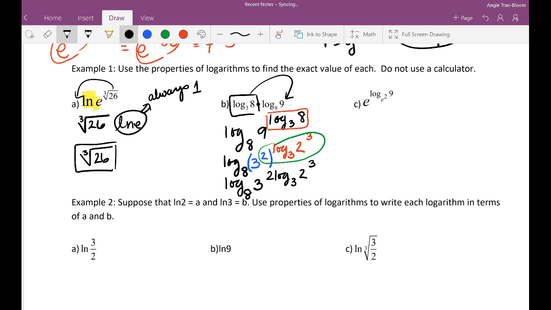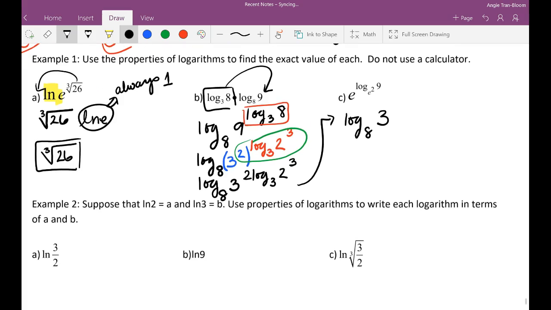What about anything that we need to do? Can I move this power up? Like, for example, this right here. Can I move this over here, like squared? I'm out of space. So can I go log base 8 of 3? Now this is a power.